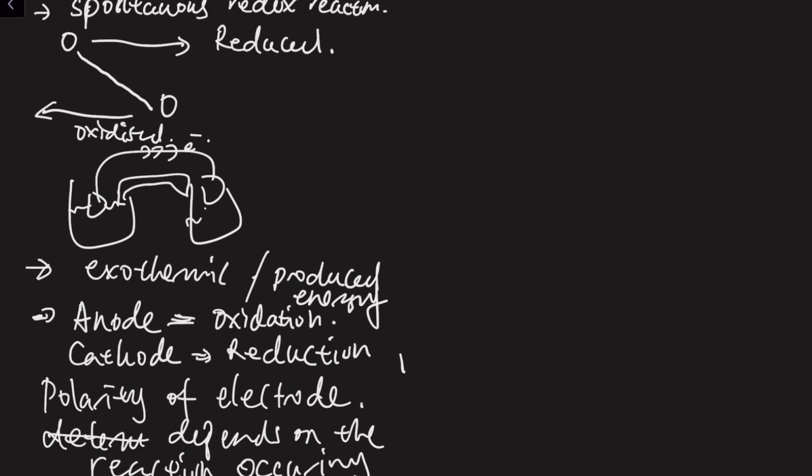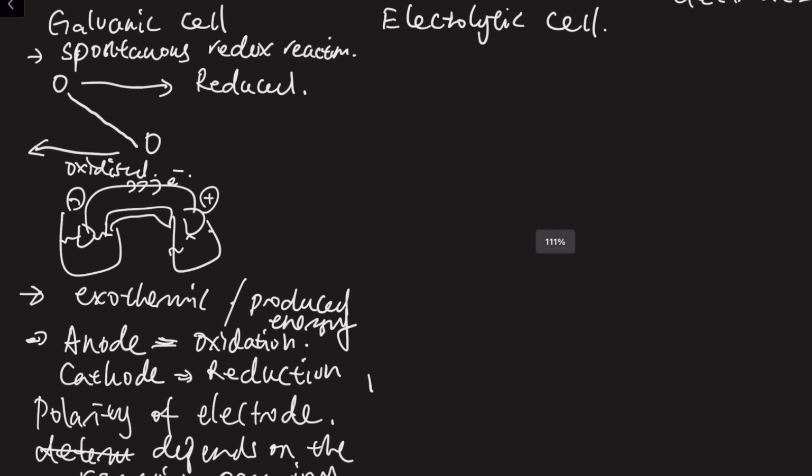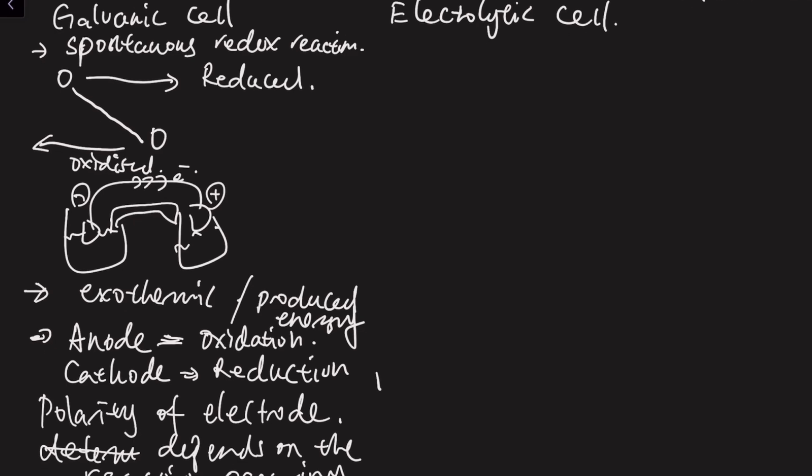Conversely, on this side, if you have a very strong oxidizing agent, so it wants to be reduced, electrons will flow towards this terminal, and opposites attract, so it's positively charged. And if I reverse the order, then the polarity will also switch. So that's basically a summary of the galvanic cell and spontaneous redox reaction.